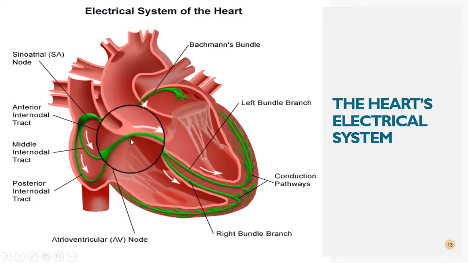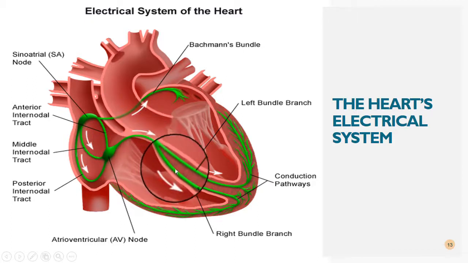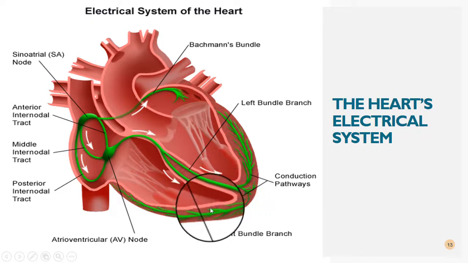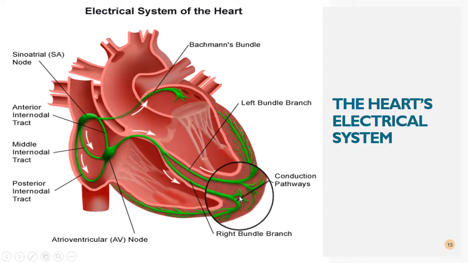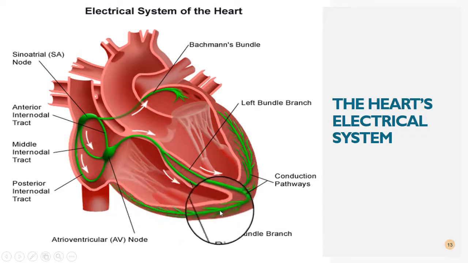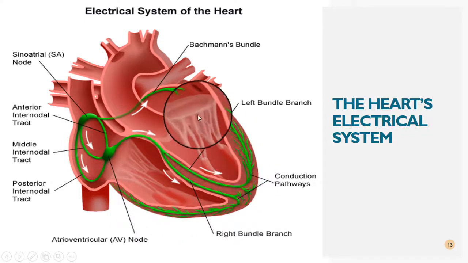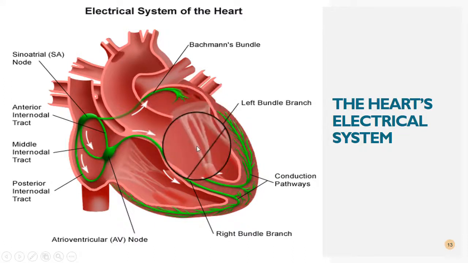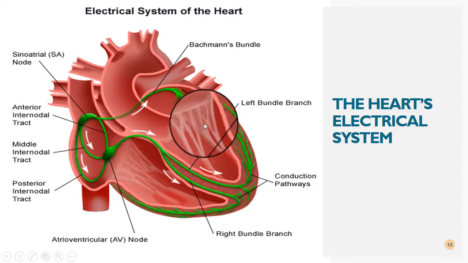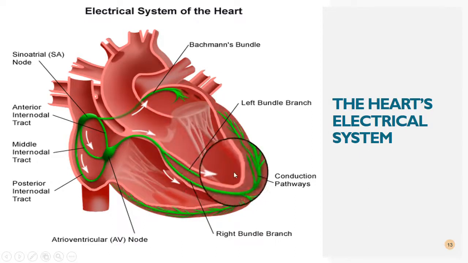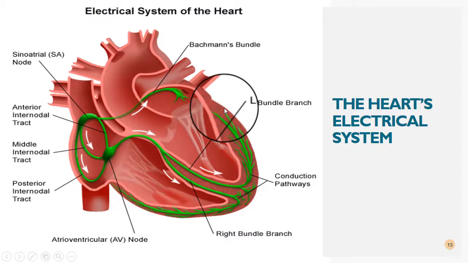From here, the signal is carried along special fibers called Purkinje fibers, which are located within the ventricle walls. They pass the impulse to the heart muscles, causing the ventricles to contract. So this is how the heart's electrical system works.